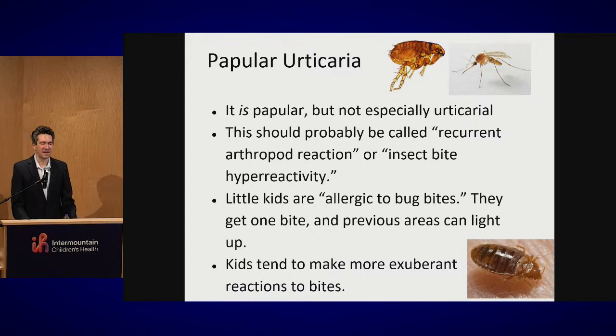It's just funny. And it's by definition a hyperreactivity, so it's fairly common for only one person in the household to be affected, even though hypothetically, whatever bugs are around are probably biting everybody they can get their little teeth into. And also, kids just tend to make more exuberant reactions to bug bites because their immune system hasn't been as inured to the insult.